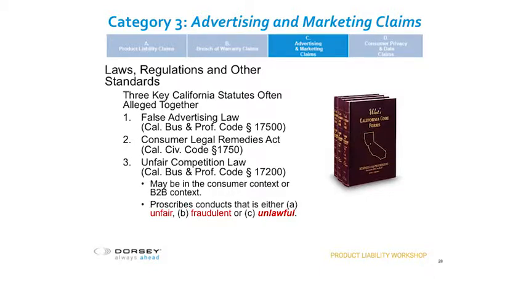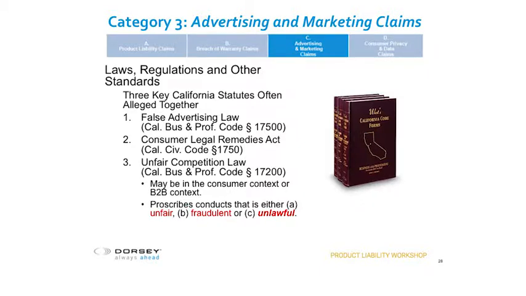And they work together: the False Advertising Law, the Consumer Legal Remedies Act, which has 27 prohibited practices, and the Unfair Competition Law. The Unfair Competition Law is very interesting because it essentially says, in very unremarkable terms, that a party can get an injunction against any business practice which is unfair, fraudulent, or unlawful.